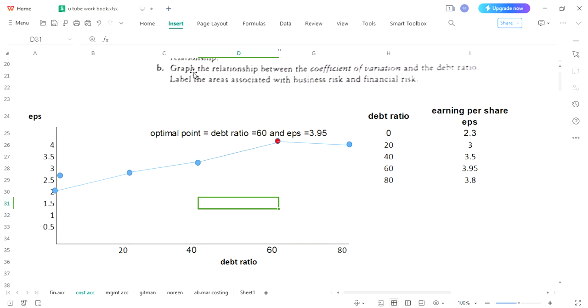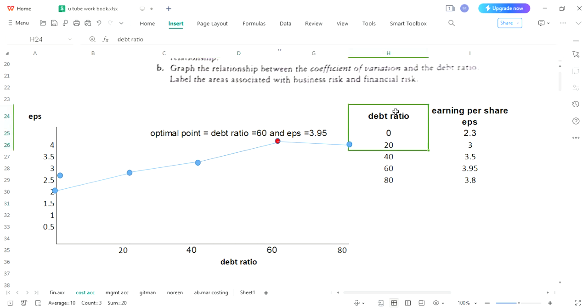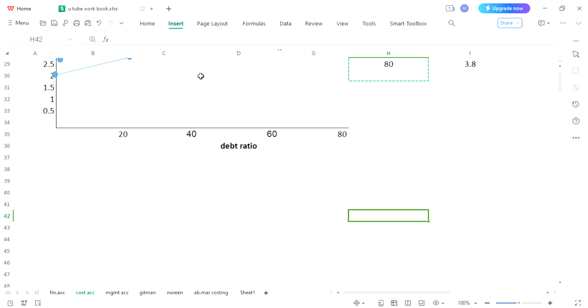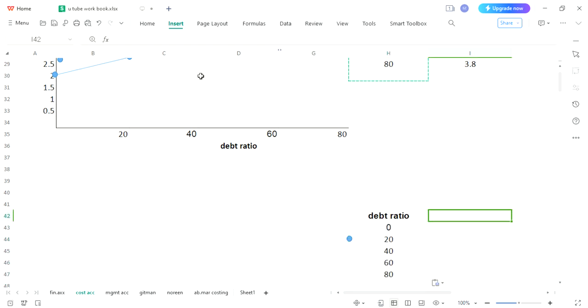Now second is graph the relationship between coefficient of variation and debt ratio. Debt ratio has already been posted over here. We again need to put it on graph. Let's take some space over here. Debt ratio, and you need to calculate your CV.